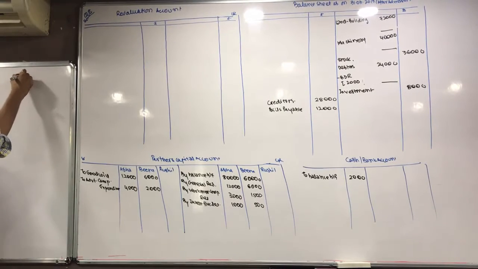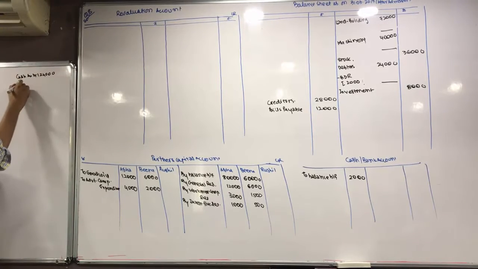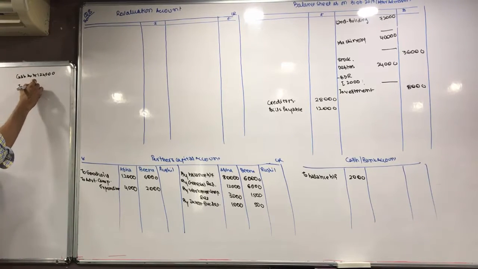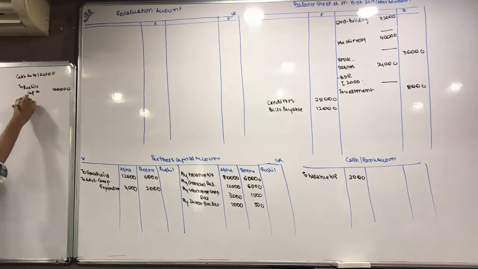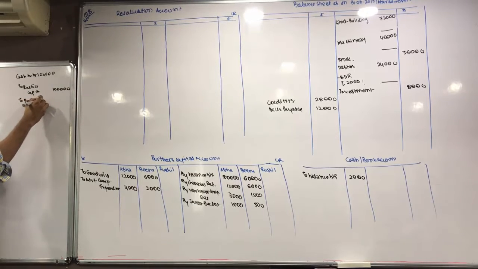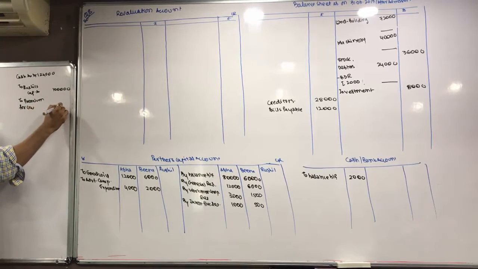Cash account debit 1,24,000 to Rushil capital account 1 lakh, to premium for goodwill 24,000.